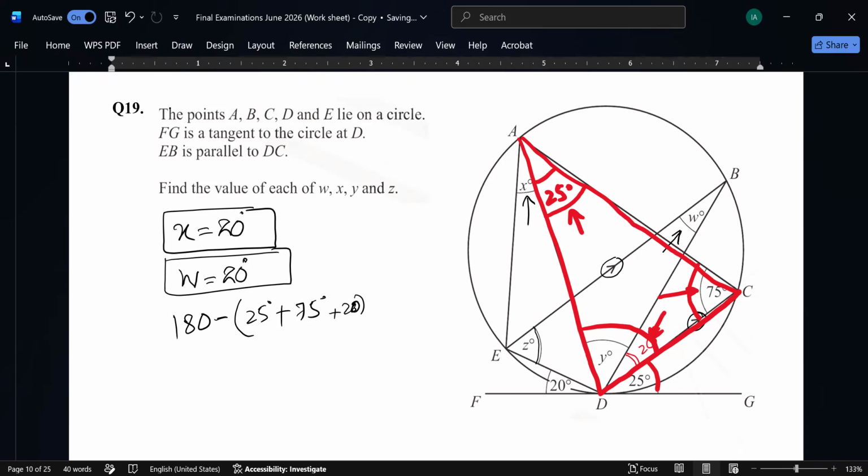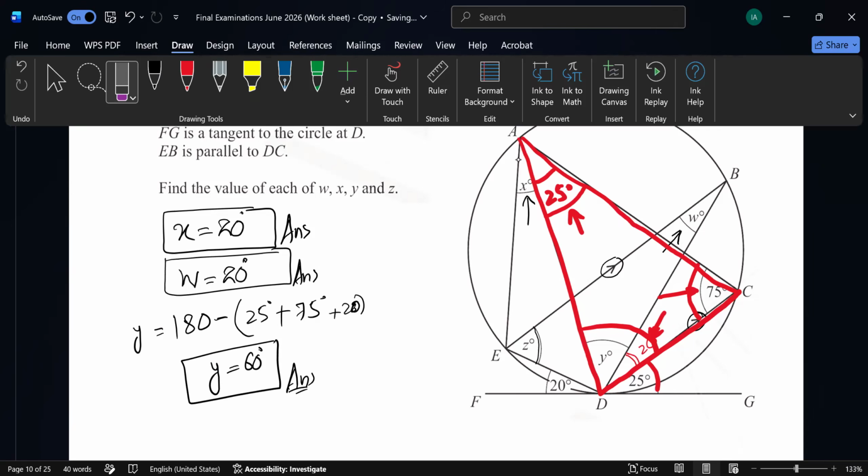So it's going to be 60 degrees. Which angle is this? Because this is y. So y is a 60 degree angle. Now, let's see what is next. Yes, the angle z. We are looking for the angle z.